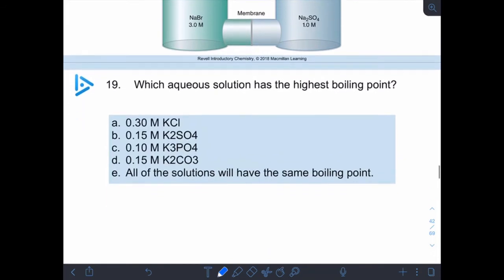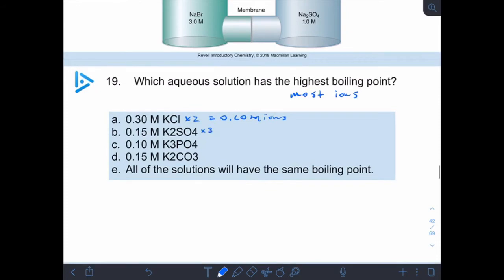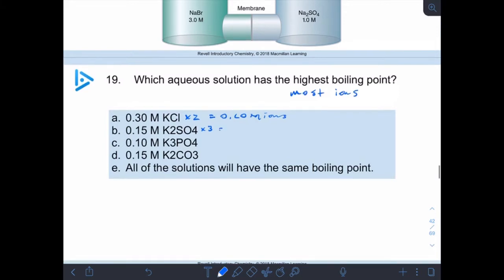Which aqueous solution has the highest boiling point? So highest boiling point is most ions. So here we have times 2 ions, gives us 0.6 molar ions. K2SO4, there's 3 ions there, 2 potassiums and 1 sulfate. So that gives us 0.45.